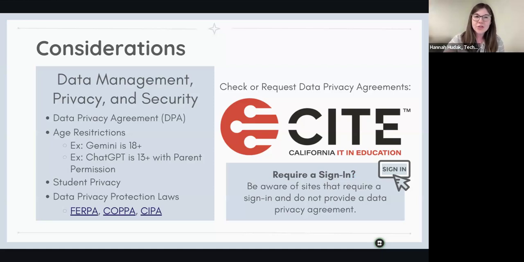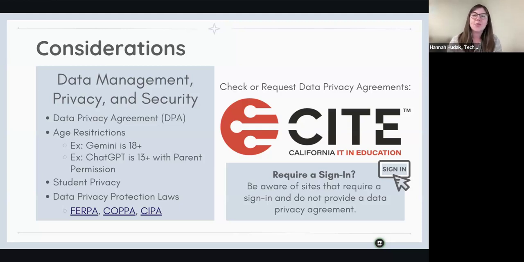Now, when you have a tool that you're interested in, you will actually be able to click this photo right over here if you have opened up our slides, and you are able to search any platform that you're interested in. For example, the platform we are going to talk about a little bit later today is called MagicSchool. If you were to search MagicSchool on Site, you would see that we do have a data privacy agreement with them, which means our students' private information is protected, and we can use that with our students.